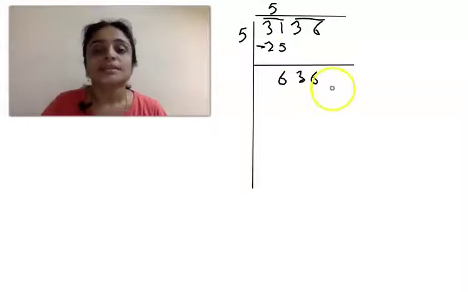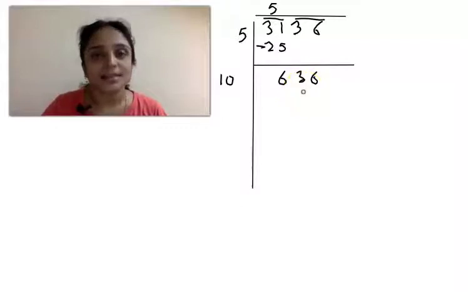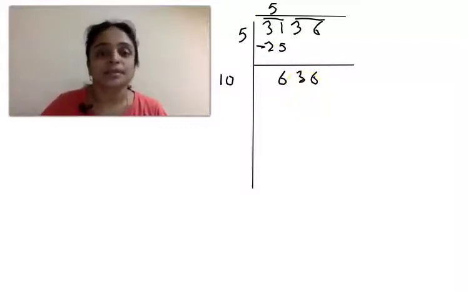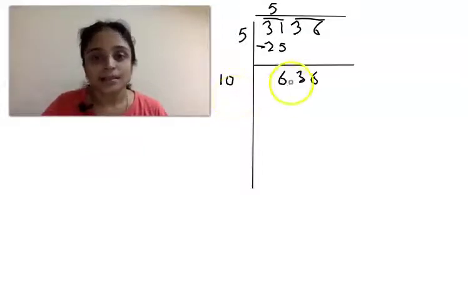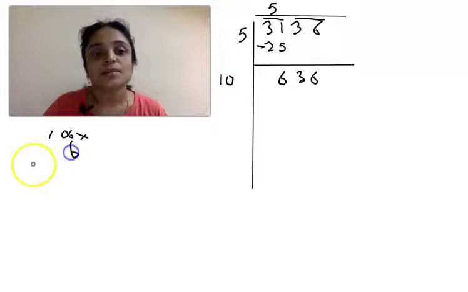Okay, so 636. Now, add this, 5 plus 5 is 10. Now, we have to find a number a such that 10a into a is equal to or less than 636 or near to 636. So, we know that 1 into 6 is 6. So, let us see whether the number is 6. So, 106 into 6 is 636.